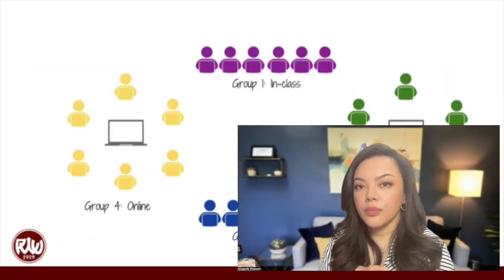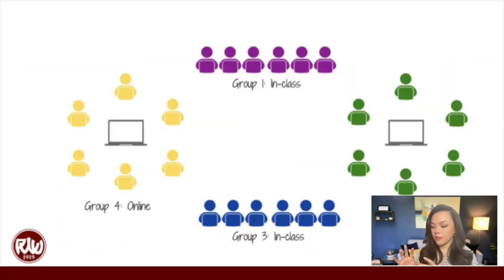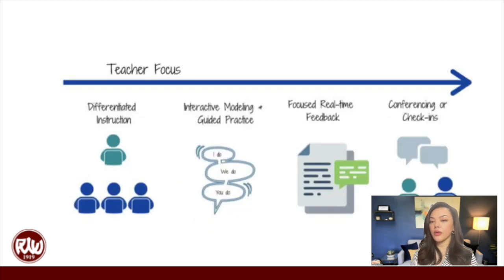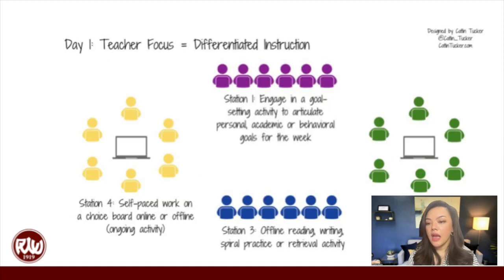I have here a visual from Kathleen, and she mentioned that these are really good opportunities for community building, where you have one group in a class or two groups in a class and two groups online, a hybrid model. And according to her, the differentiated instruction, interactive modeling, and guided practice, and all of these elements happen really through all of this.